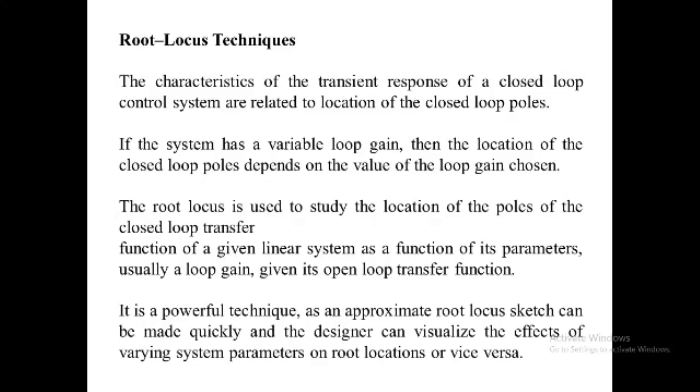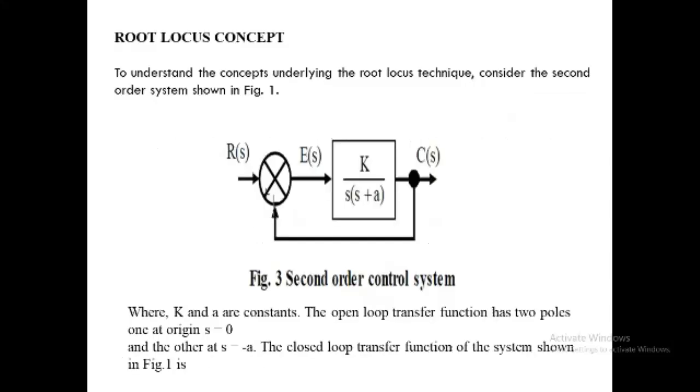The root corresponding to a particular value of a system parameter can then be located on the root locus, and the value of a parameter for a desirable root location can be determined from the locus.